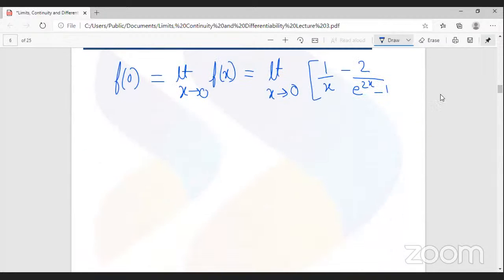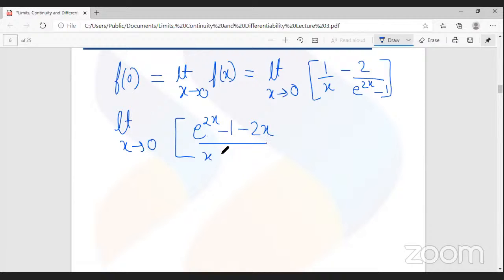Okay, minus 1. So now we have to find limit x tending towards 0 of this function. So what I'm going to do is I'm taking LCM. So (e raised to the power 2x minus 1 minus 2x) upon x into (e raised to the power 2x minus 1).